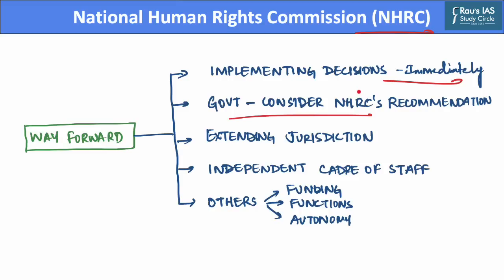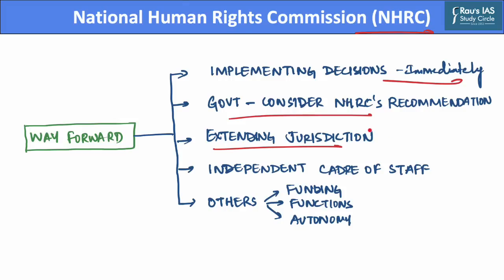NHRC's orders are passed by persons who have long training and experience as judges of the Supreme Court. Also, a large number of human rights violations occur in areas that have insurgency and internal conflicts. Hence, there is a need to extend the jurisdiction of NHRC to include military and security forces, which will allow them to investigate the allegations of human rights violations.